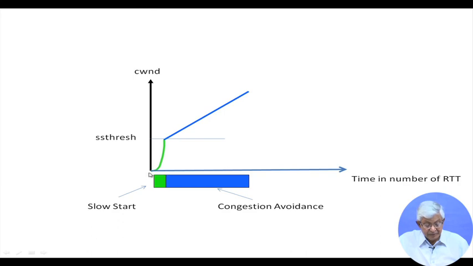When CWND is much lower than SS threshold, it starts and goes up exponentially, and when it reaches SS threshold it goes up linearly: slow start phase and congestion avoidance phase. This x axis is time in number of RTTs, y axis is CWND value.